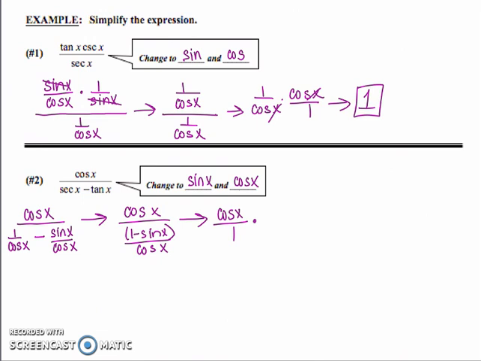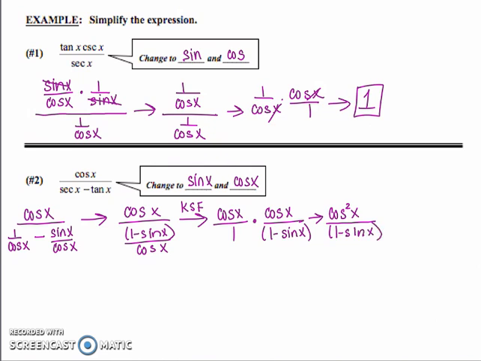And now I'm going to be multiplying it by cosine x over 1 minus sine x. I did a keep switch flip here. So now my numerator, cosine x times cosine x, becomes cosine squared x. And my denominator is still 1 minus sine x.